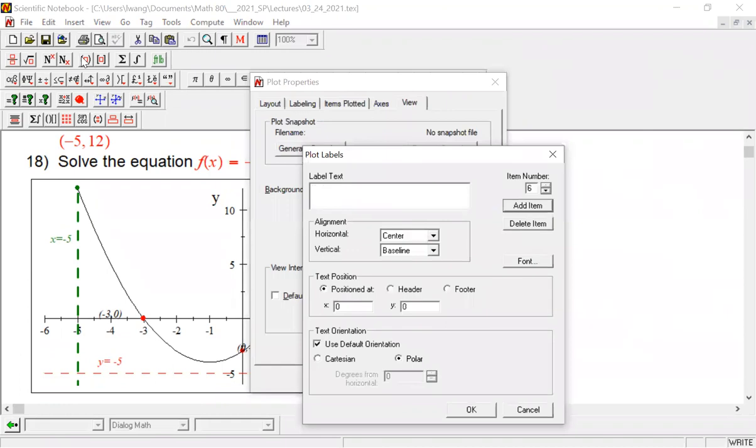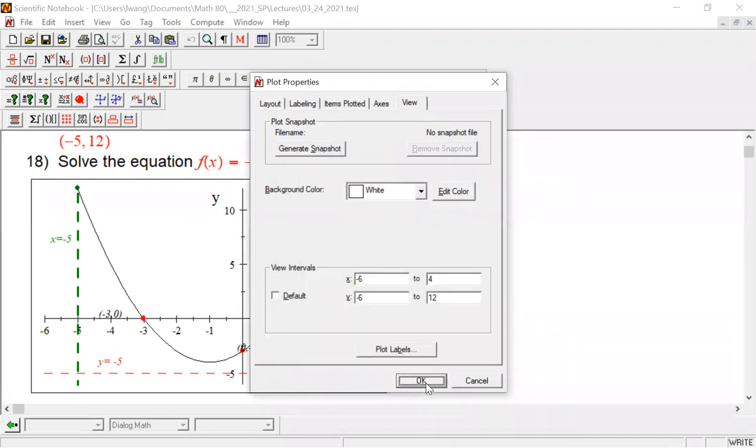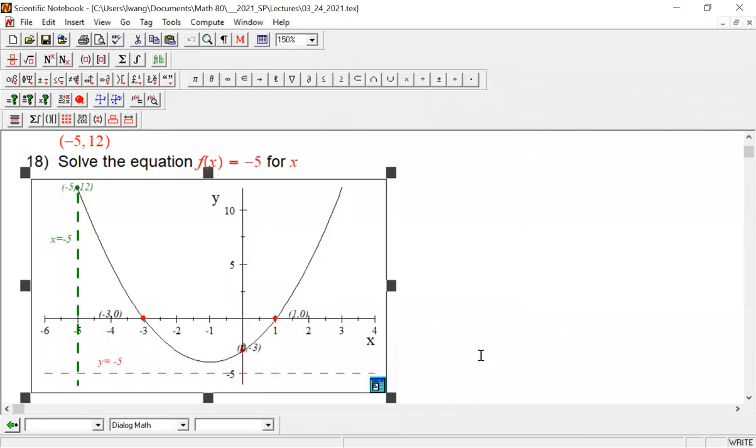That point should be at -5, the input, and the output is 12. I'm going to make it a green color, right? Why not? We want to be color coordinated. -5, 12.